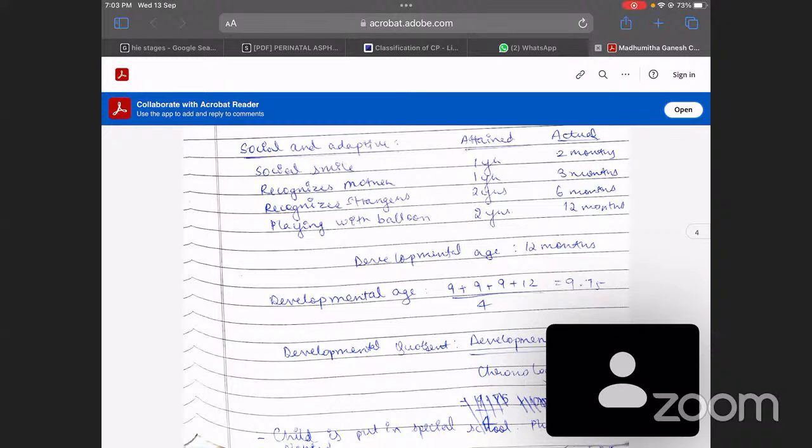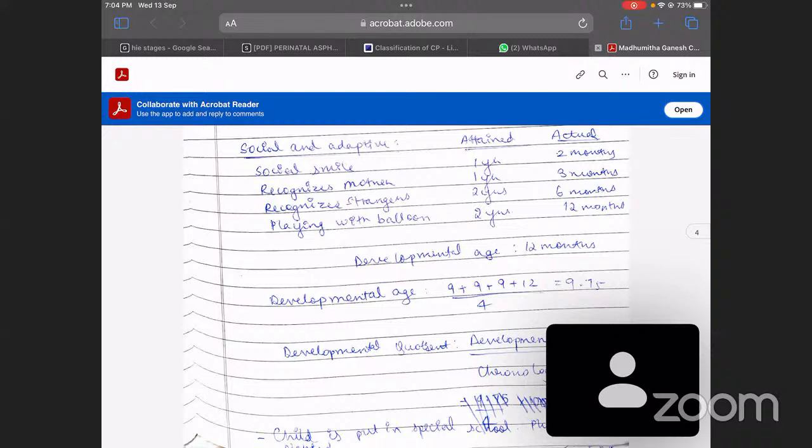Whereas if the DQ is changing with every milestone, initially the DQ was good, now it's different, another milestone takes more time to appear, another milestone takes even more time to appear. When the developmental quotient is changing for each milestone, it tells that it's progressive in nature, and that separates it from the static encephalopathy.